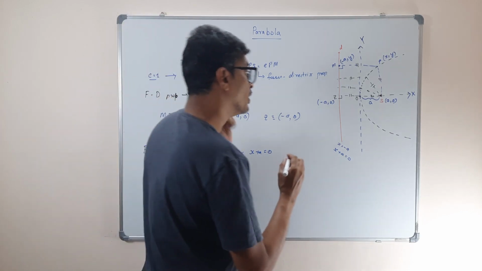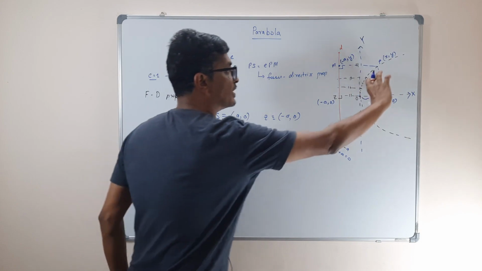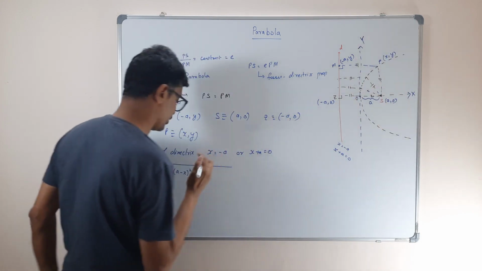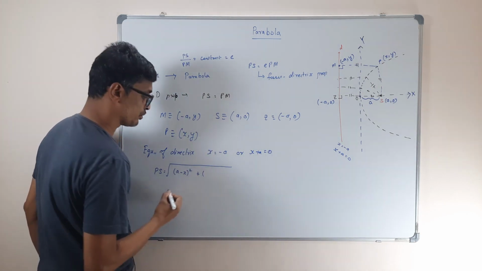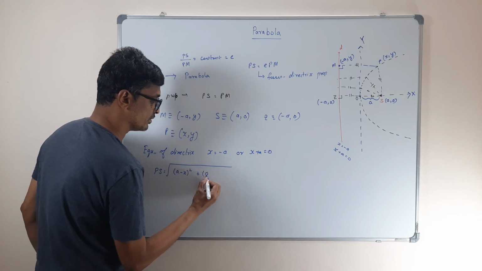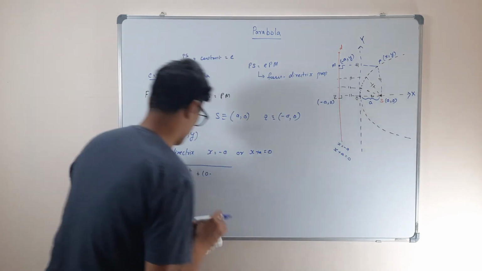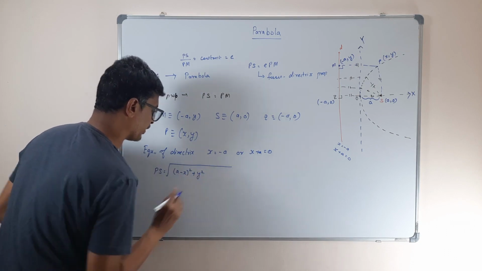A minus x whole square, correct, because this is a distance: x1 minus x2 whole square plus y1 minus y2 whole square. That is the distance between 2 points. You already studied it from your 10th standard onwards. Tell me what this one is. 0 minus y, right? So that will be y square. Good. So this is plus y square.